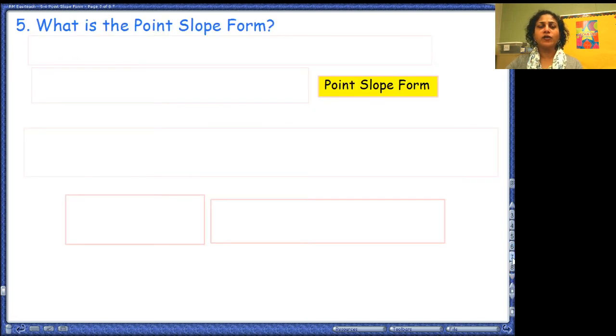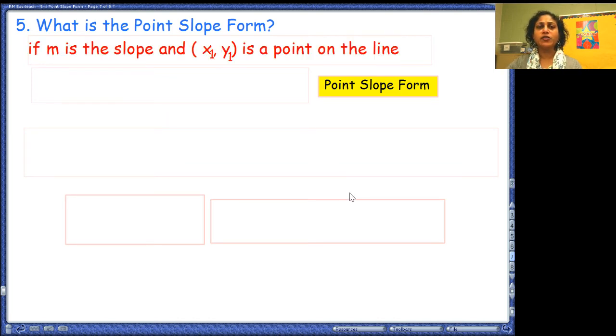And then we move on to what is the point slope form. So if m is the slope and (x1, y1) is an ordered pair on the line, then the point slope form is y minus y1 equals m times x minus x1.